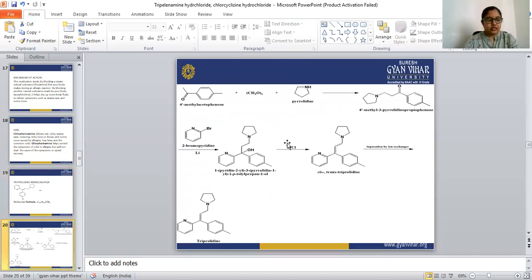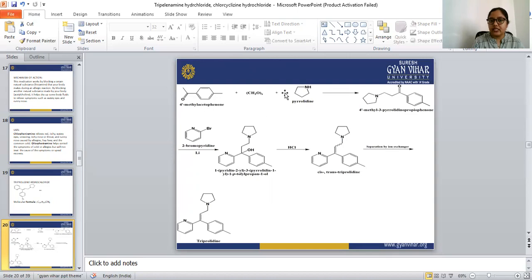So let's first see the synthesis of triprolidine hydrochloride. We have to take 4-methyl acetophenone. This 4-methyl acetophenone is reacted with formaldehyde, HCHO, or we can write CH2O, and pyrrolidine.